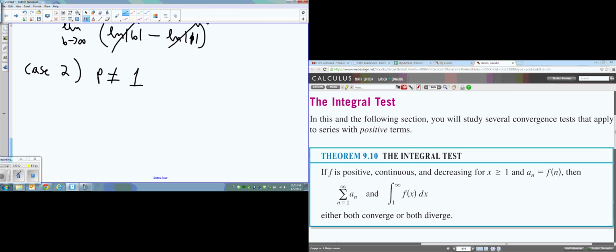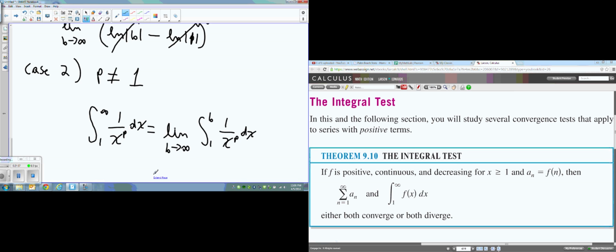It's the integral from 1 to infinity of 1 over x to the p dx, where p is not the number 1, so we can use the power rule. We can write the limit definition here, the limit as b approaches infinity of the integral from 1 to b of 1 over x to the p dx.